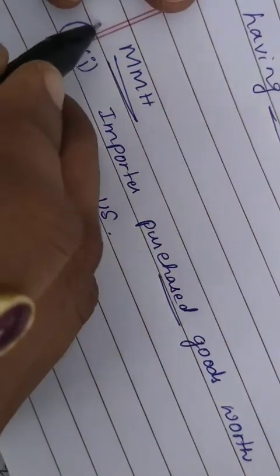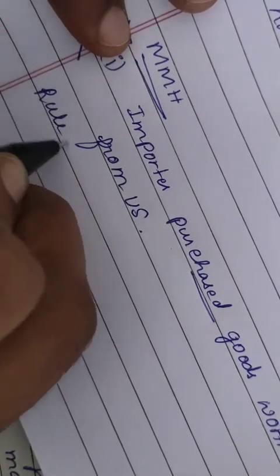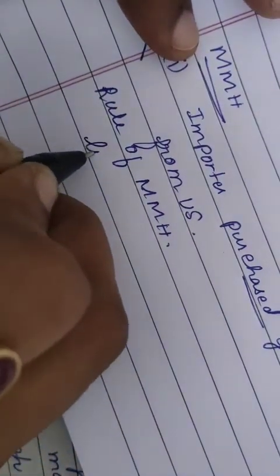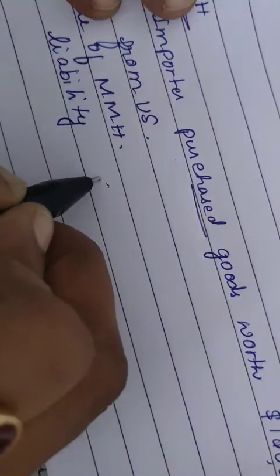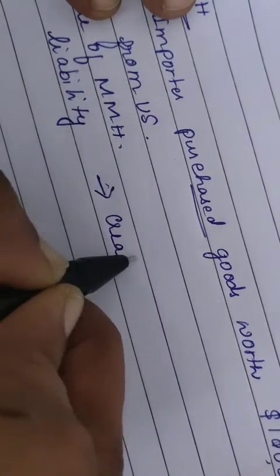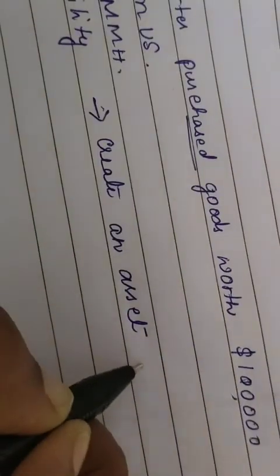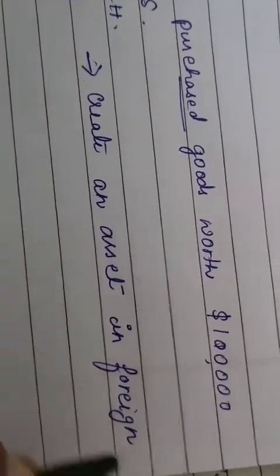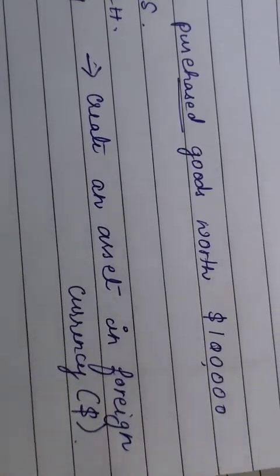So money market hedge, the rule of money market hedge is that if you have a future liability in a foreign currency, then create an asset in foreign currency, that is dollar.